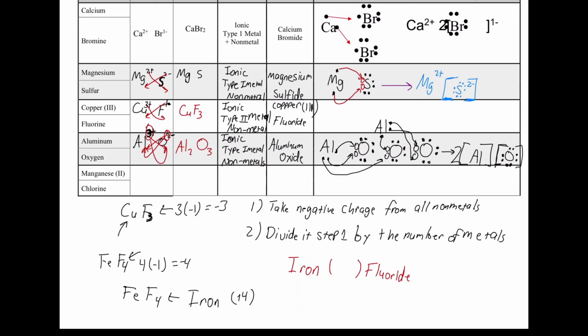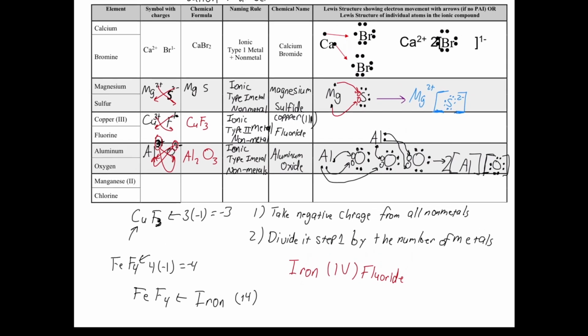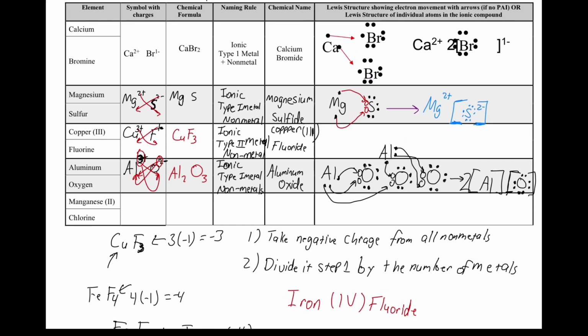If that makes any sense. Ultimately, what you get is that the oxidation number of +4 is written as IV. Iron(IV) fluoride. IV means 4 in Roman numerals. So we would call this thing here a copper(III) fluoride.